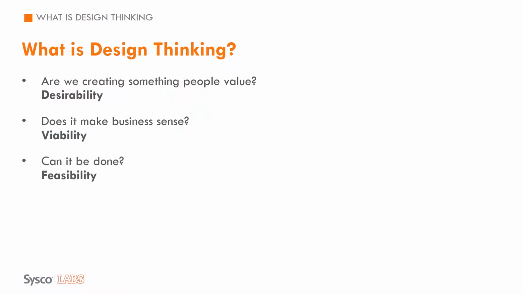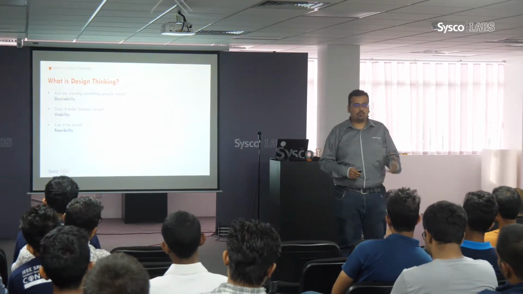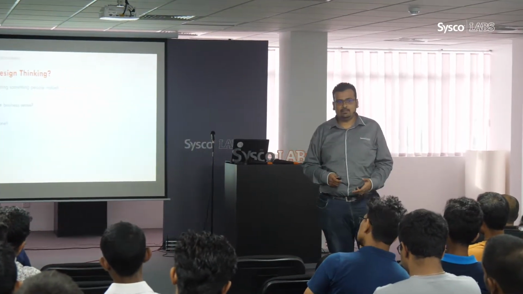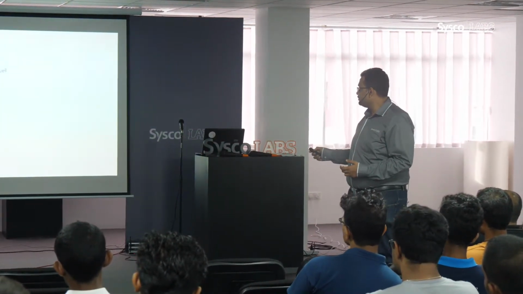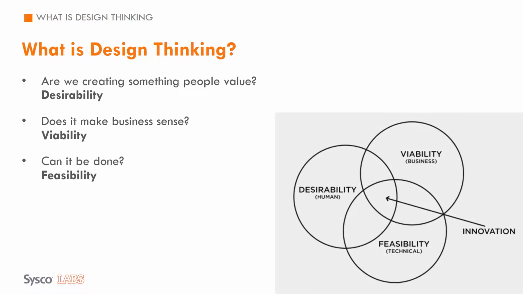And next, you have to think, can it be done? Is it feasible? Now, if you think the thing you want to build contains all these 3 things, it will look something like this. Viability is all about business, desirability is about being human, and feasibility is technical.